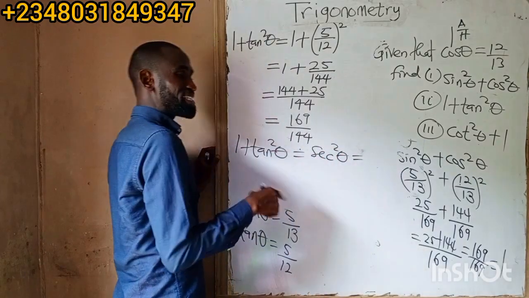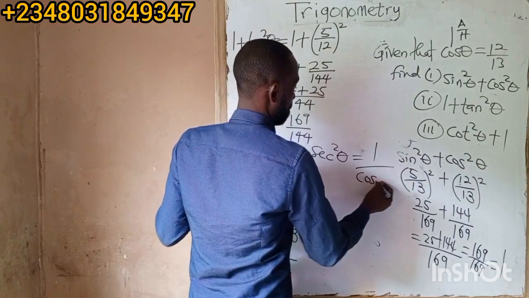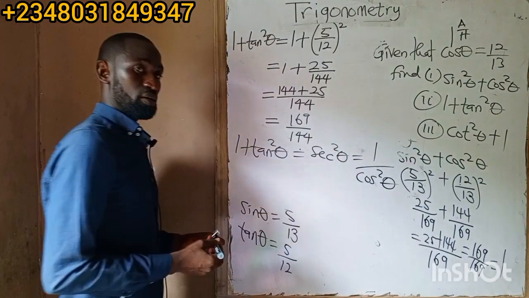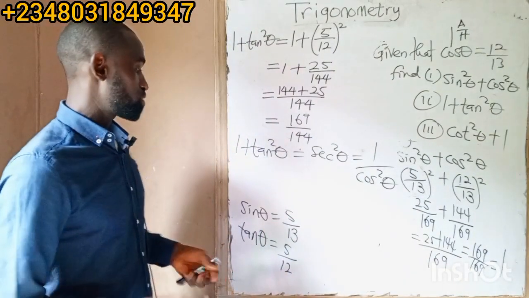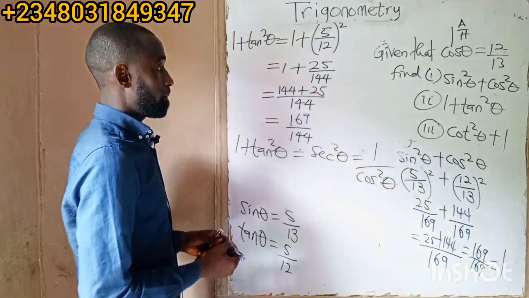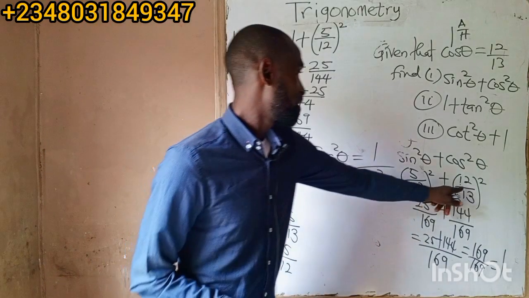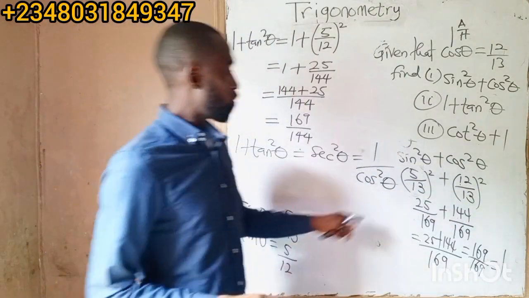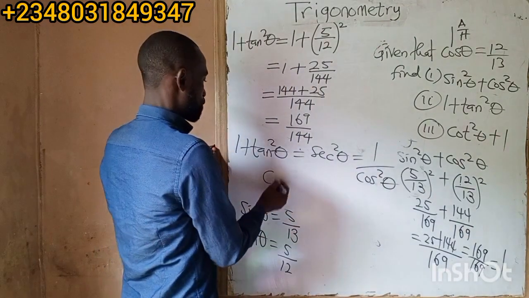And sec square is the inverse of 1 over cos square theta. Sec is the inverse of cos, isn't it? So what do I have here? Our cos theta is 12/13. And our cos square theta is 144 over 169. So our cos theta is what?